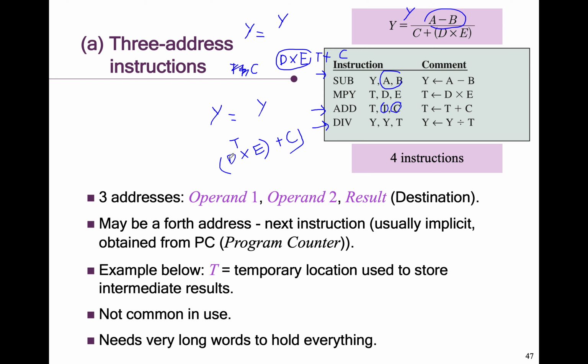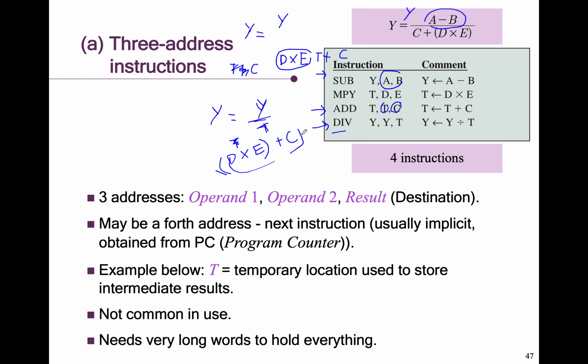Before that, you can see T plus C is going to be another new T. So this division is Y divided by T. So you will get all together Y divided by T. My T will be D multiplied with E plus C.